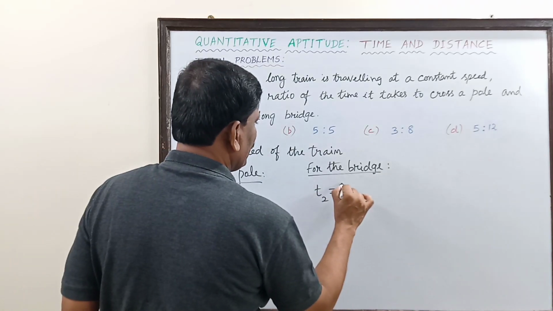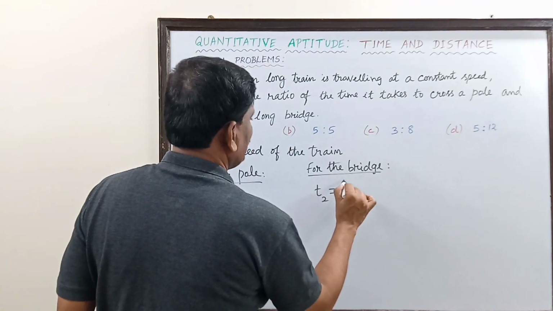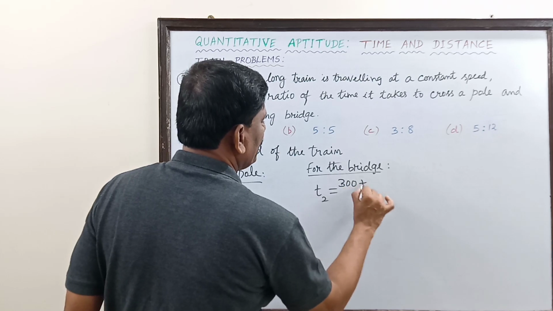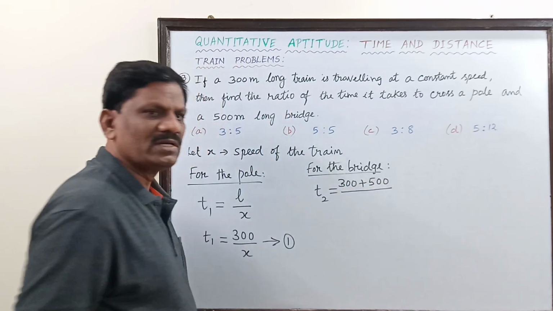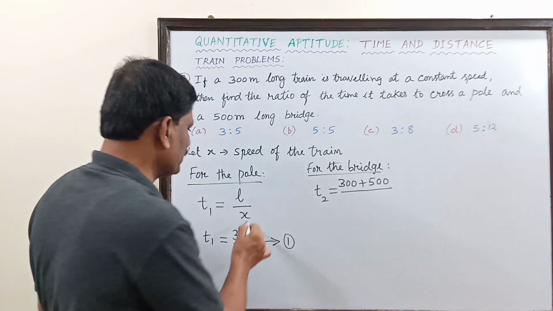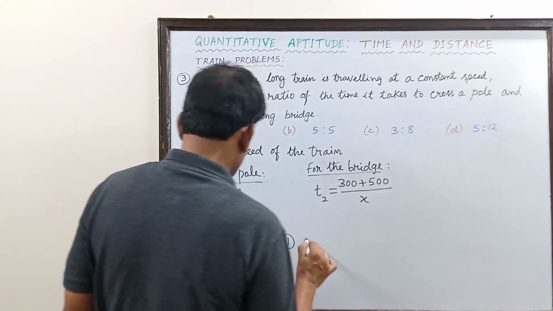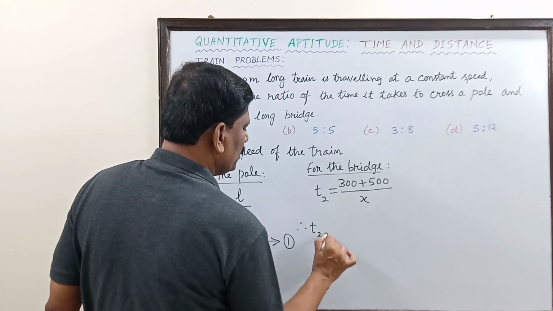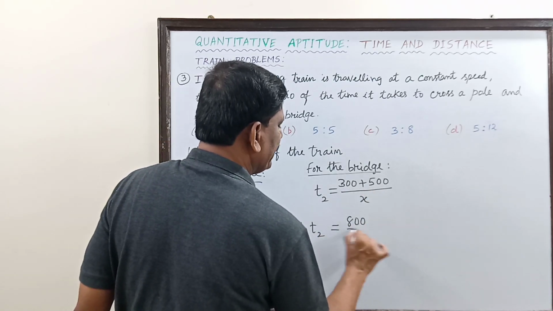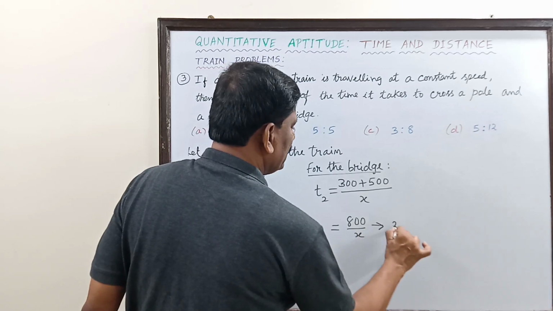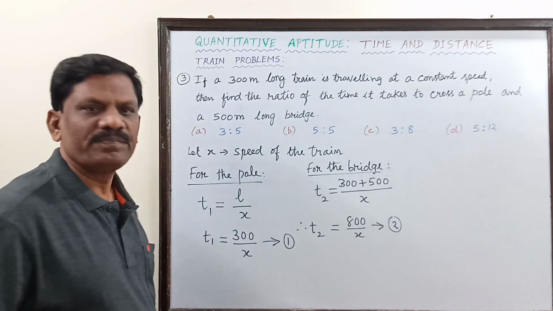So this is equal to the length of the train, 300 meters, plus the length of the bridge, 500 meters. The speed of the train is the same, so the denominator should be x. Therefore t2 must be equal to 300 plus 500, which is 800, divided by x. So this is equation 2.